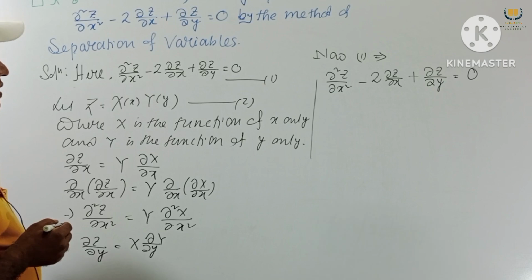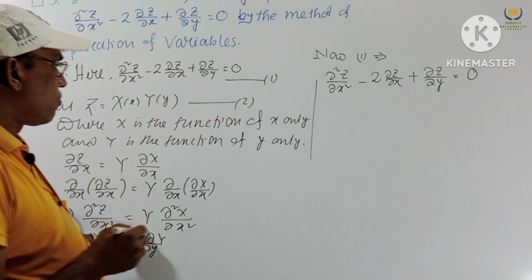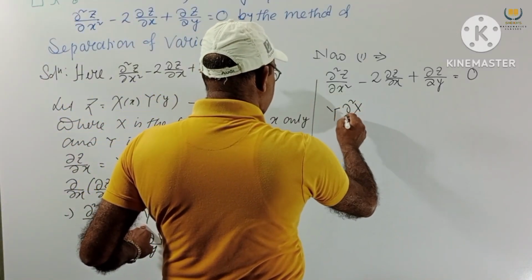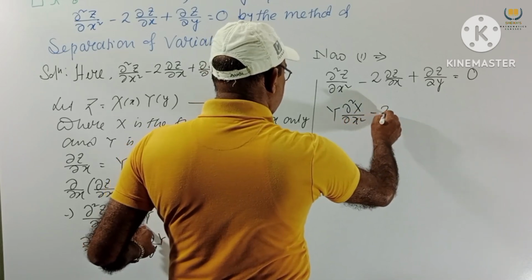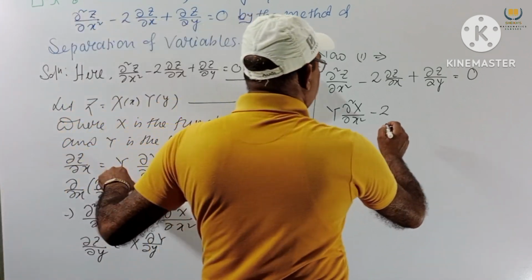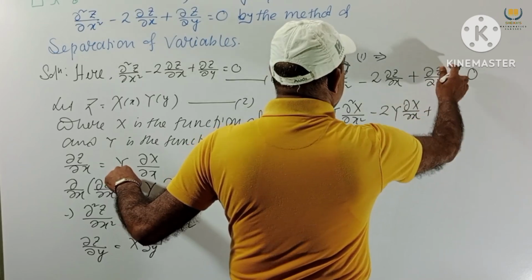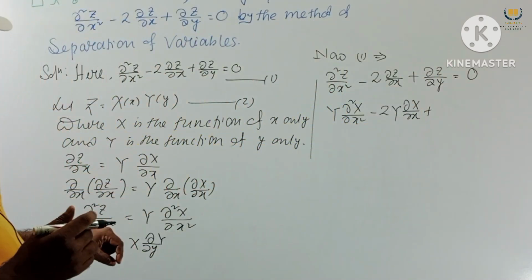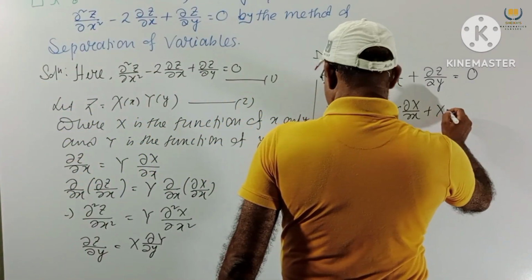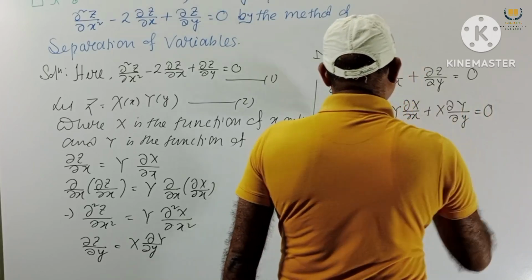This is equation 1, and putting the values: del square z del x square we get Y del square X del x square, del z del x this is Y del X del x, del z del y this is X del Y del y, equal to 0.